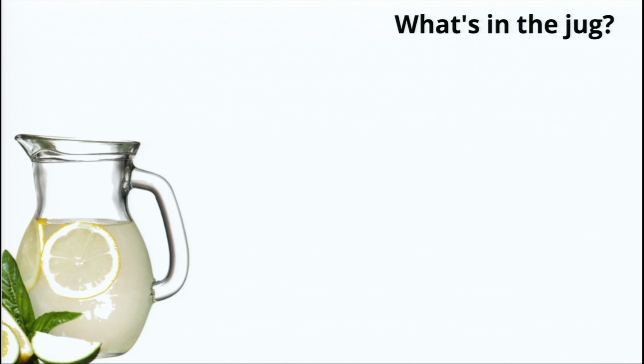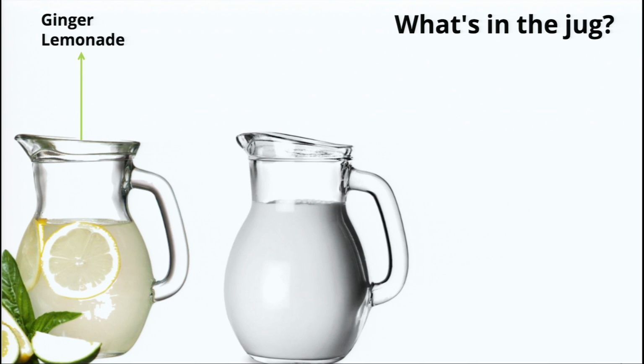Can anyone guess what is inside this jug, or this container? What is inside this? Lemonade? Yeah. I call this a ginger lemonade, for example. And what is this? Yeah, skim milk, right? I call it skim milk.